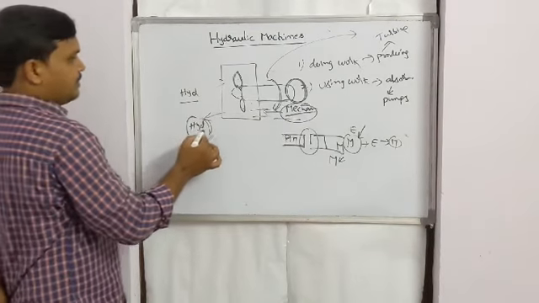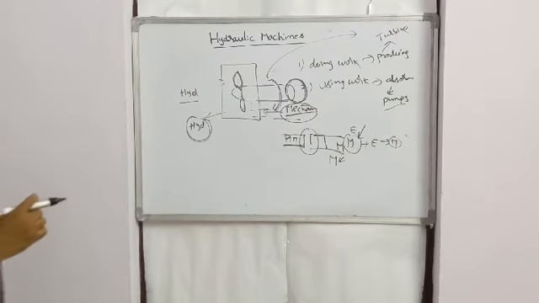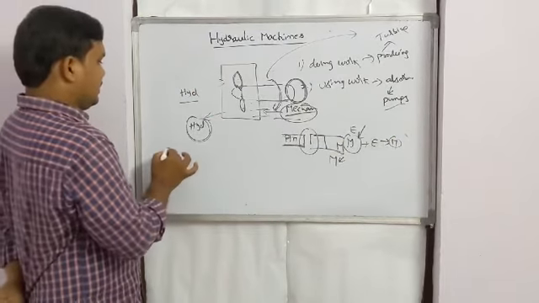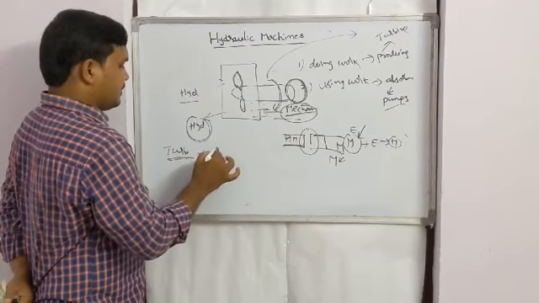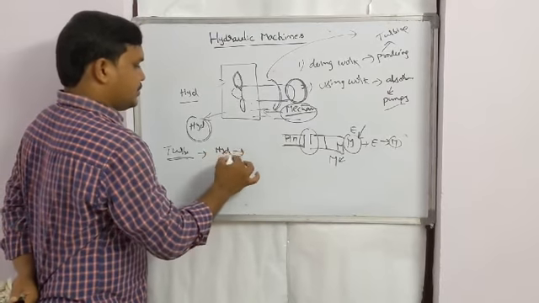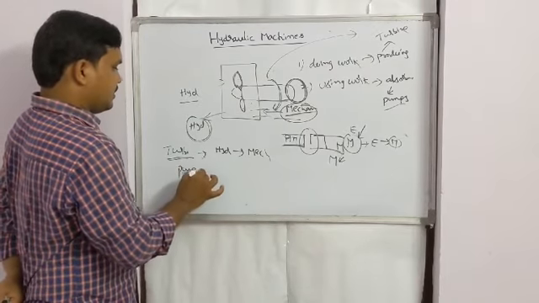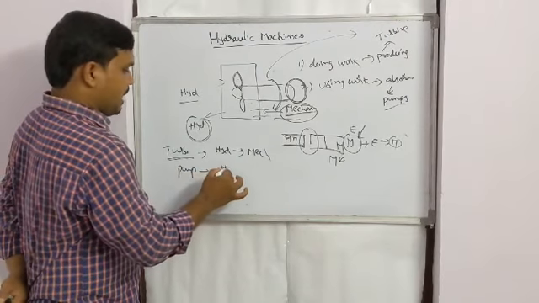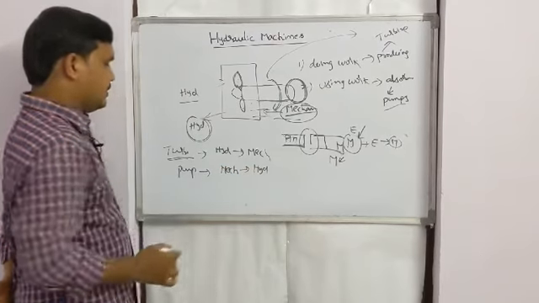That system is called a pump. So the difference between pumps and turbines is: turbines convert hydraulic energy to mechanical energy. Pumps convert mechanical energy to hydraulic energy.